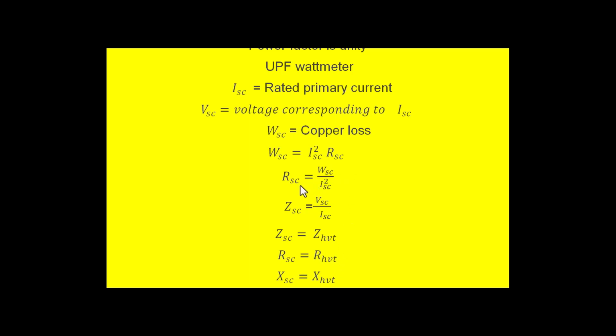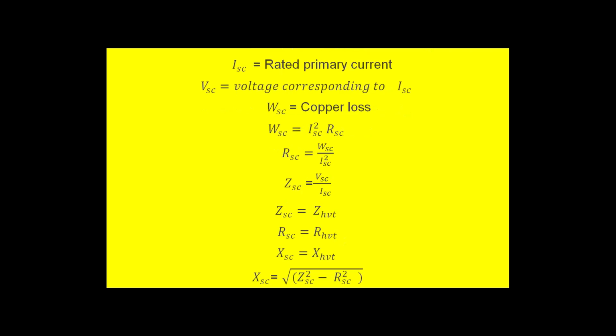And once this is known, we can calculate the Rsc value. Rsc is nothing but Wsc divided by Isc square. We can also calculate Zsc under this condition, that is Zsc is equal to Vsc by Isc. And this Zsc is nothing but the equivalent impedance of the transformer referred to the HV side.